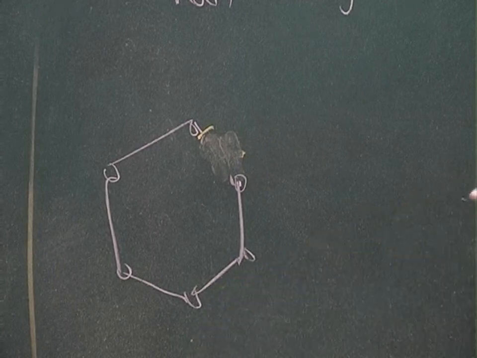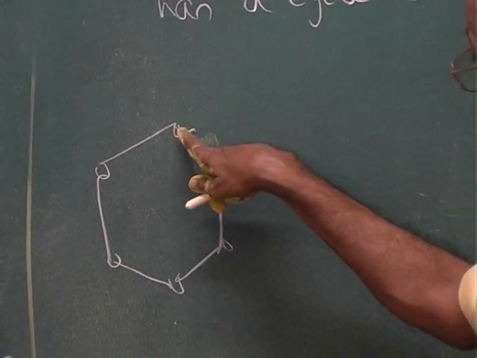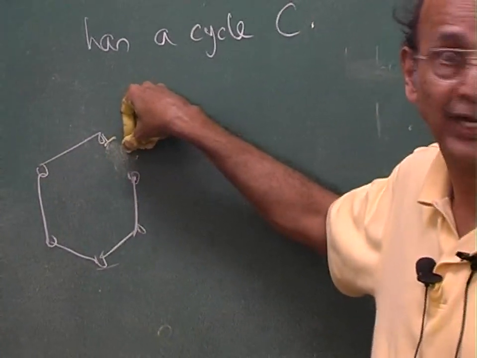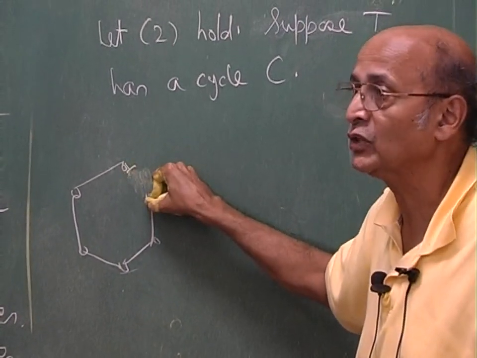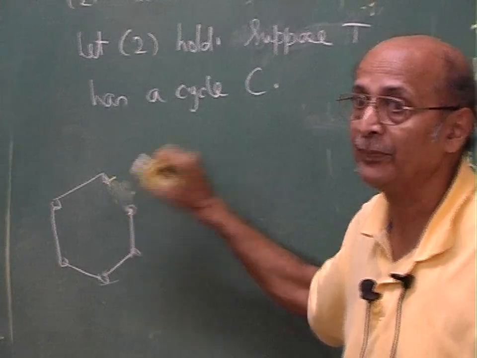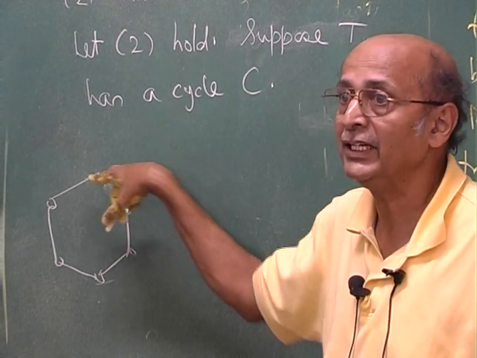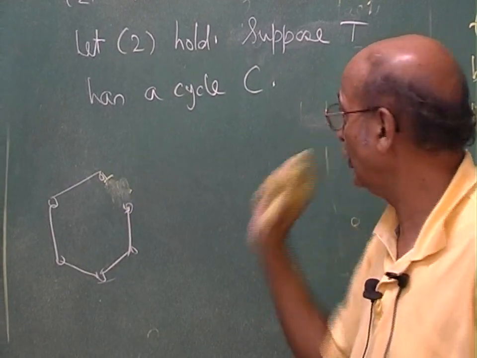If you could go from one vertex to another and had to use that edge, instead of using that edge I could have gone around that way, because there are two ways of going from this vertex to this vertex. So there is a way of bypassing that edge. Because there is a cycle, it's not really essential.